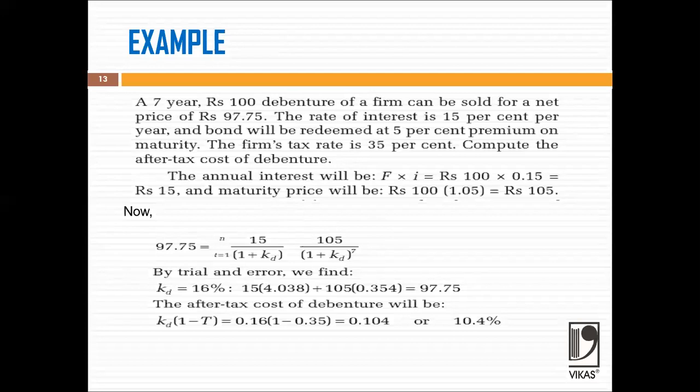The rate of interest is 15% per year, and the bond will be redeemed at a 5% premium on maturity. The firm's tax rate is 35%. Compute the after tax cost of debenture. Can you tell me what type of bond this is?